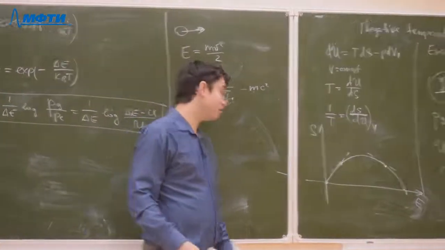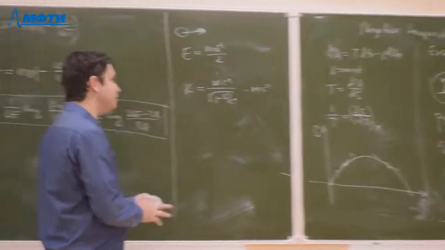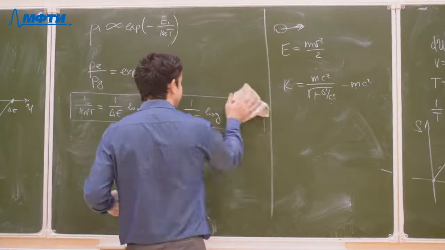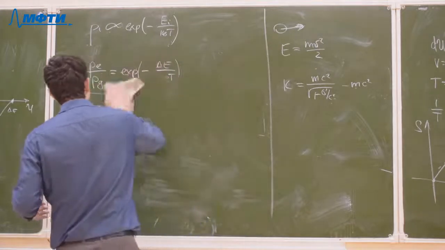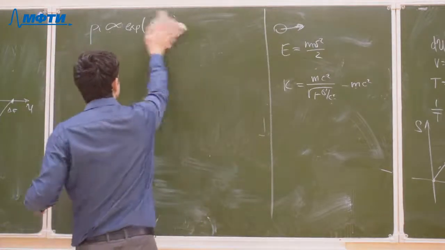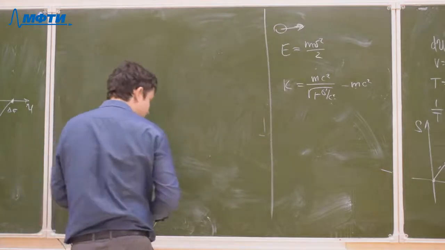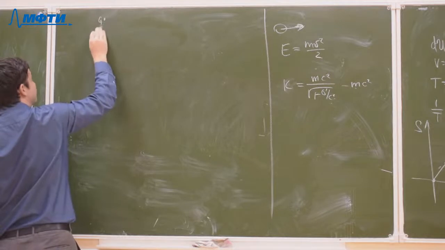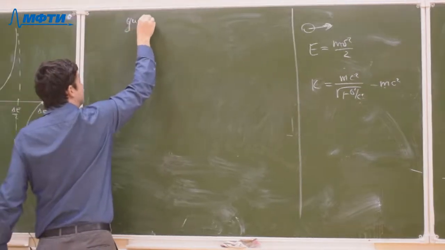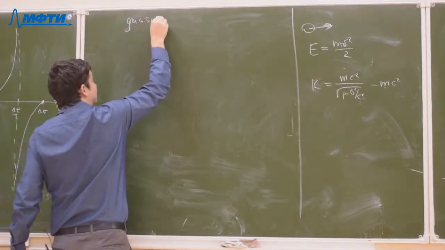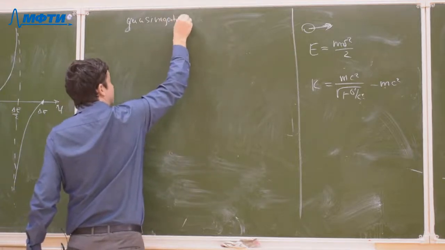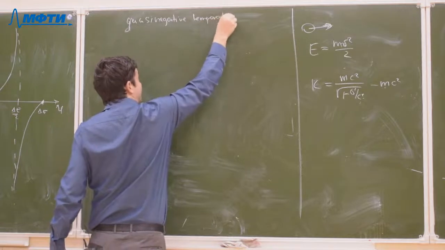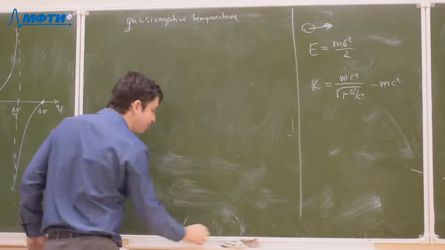However, you can realize negative temperature in an artificial system, when you design a system specially. You cannot achieve a true negative temperature, but you can achieve quasi-negative temperature.